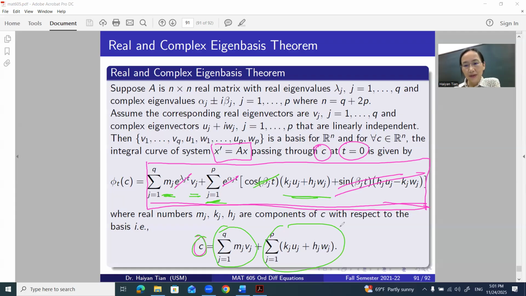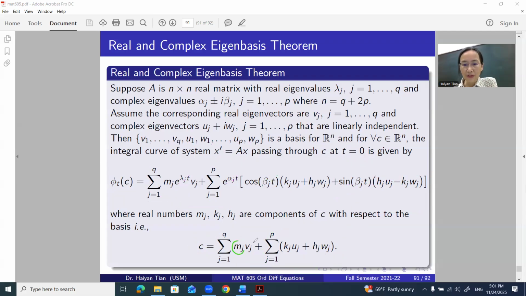So we solve the system: c is given, and all those v, u, w are found from the matrix A. So we can solve the system for the coefficients. Then we will be able to determine a particular solution for the initial value problem.